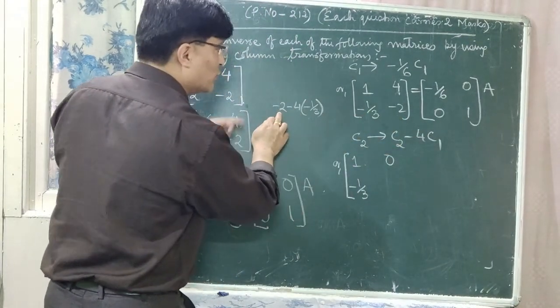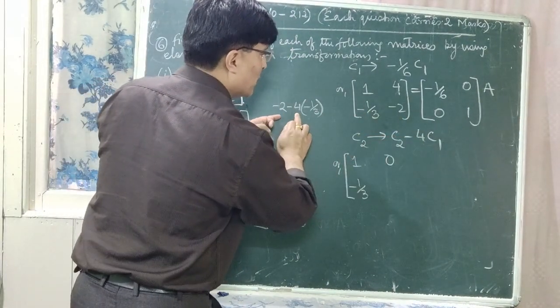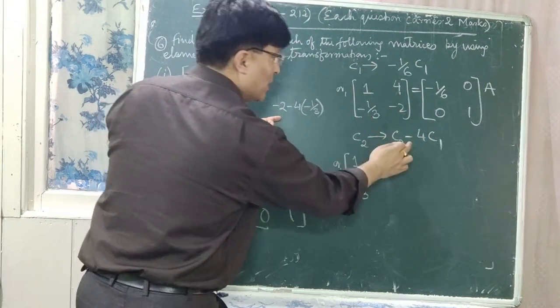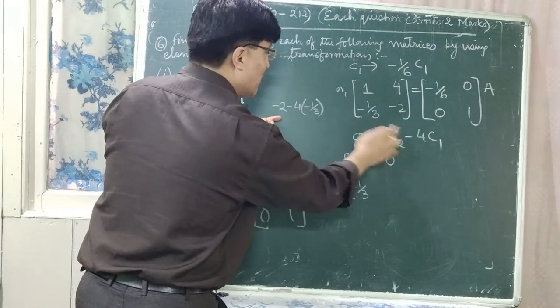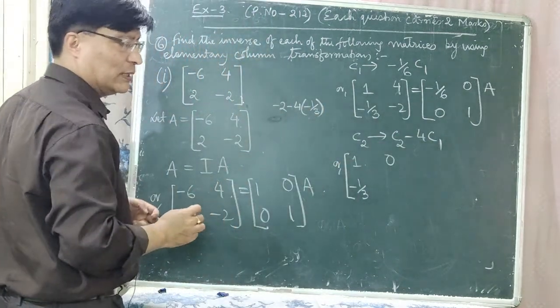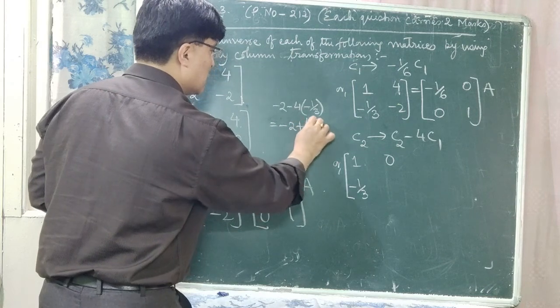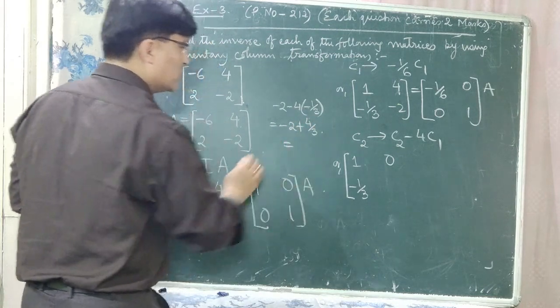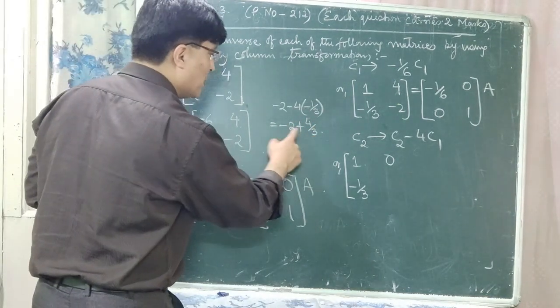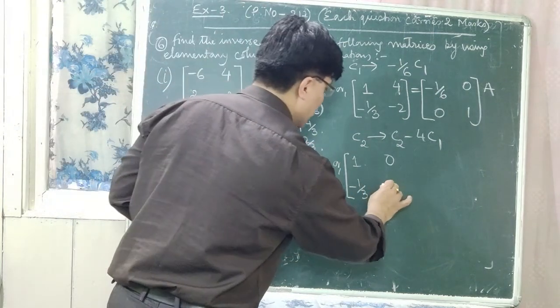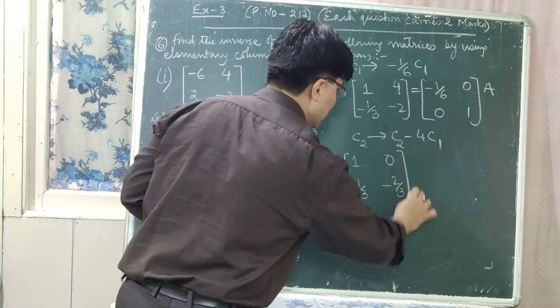C2 means -2, minus 4 into column 1, which is -1/3. So this is -2 plus 4/3, which is equal to, -6 plus 4 over 3, that is -2/3. So you should write here -2/3.